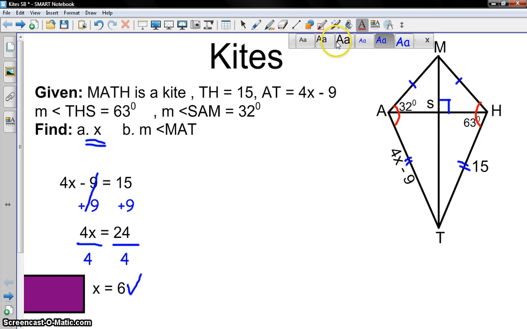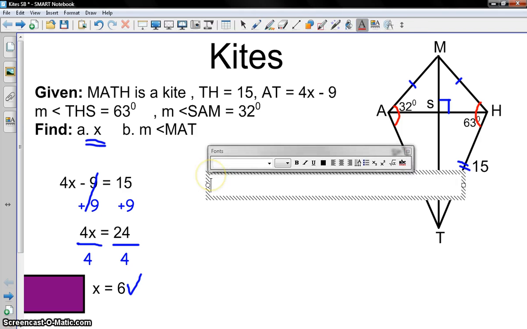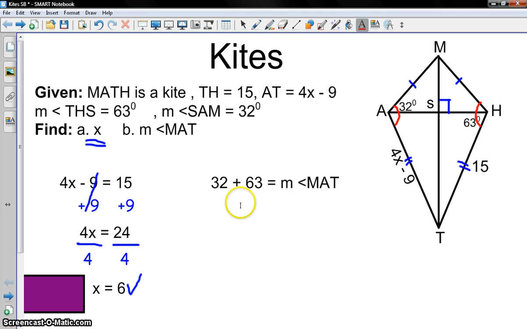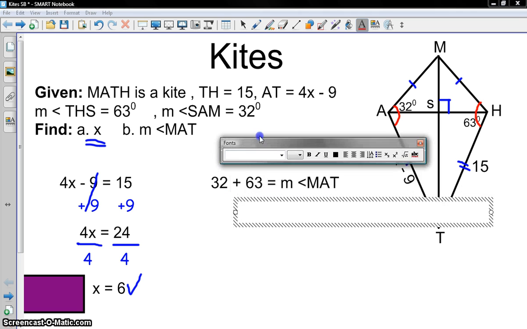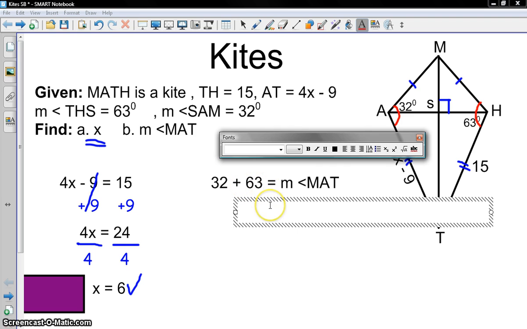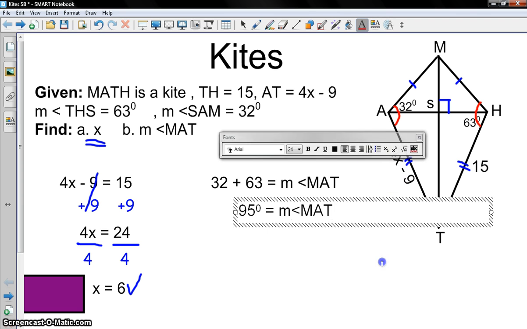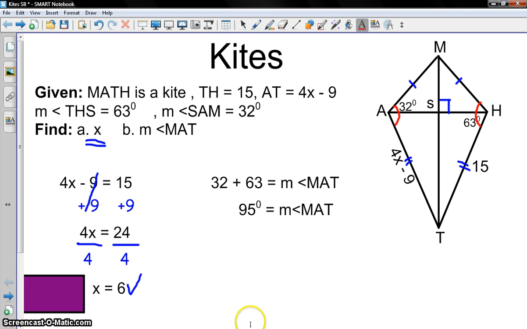So on the side I'm going to go 32 plus 63, which is going to give me the measure for the angle MAT. So when I add 32 with 63, I get 95 degrees. 95 degrees has to equal the measure of angle MAT. And I am done with this problem.